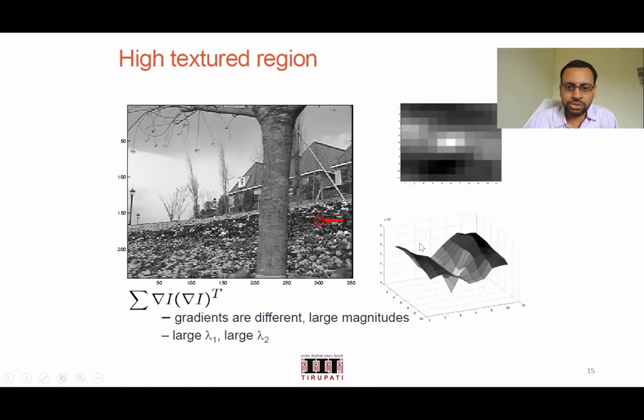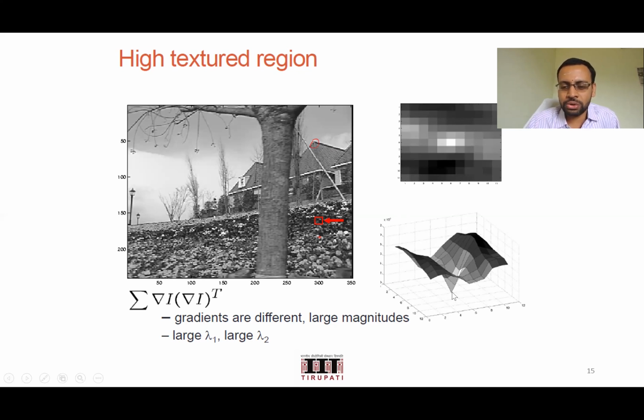The last slide for today is this, where you, for example, notice here, this could be equally true for this corner point also. Let's say you want to consider this point, as one of you were rightly pointing out, what happens if it is not a corner point? This is referred to, you could think of it as a high textured region.